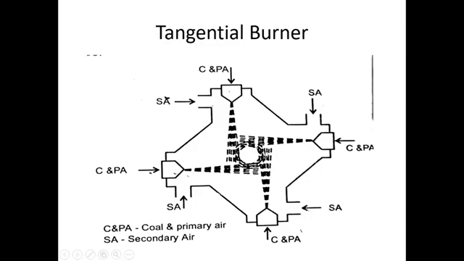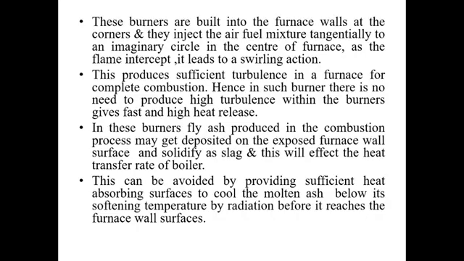The direction in which they supply the coal and primary air itself creates that turbulence in the furnace, so you can expect more efficient combustion, and secondary air is supplied from here for complete combustion. Most systems use this type of tangential burner, from which they get more efficient burning of the fuel. So that is the main advantage.